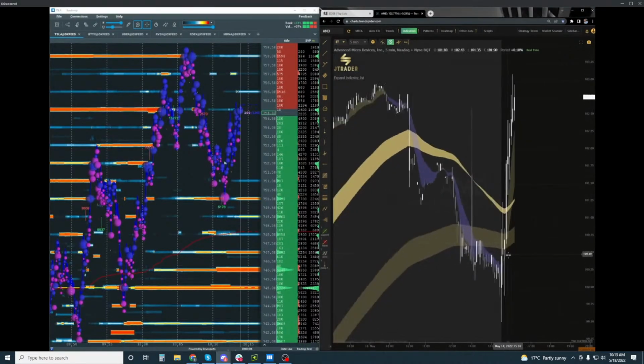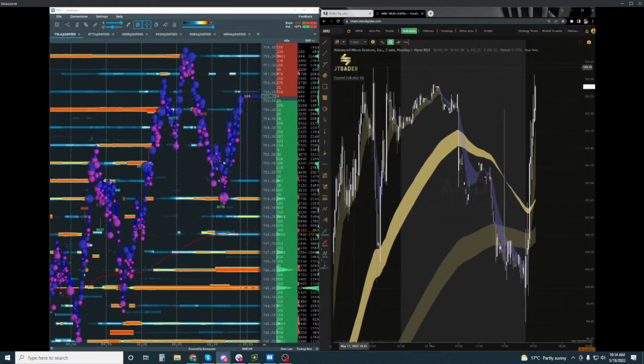You can see the morning wash just at the gate, then starting to push, reclaim. And then we went over here to the 103, 110.